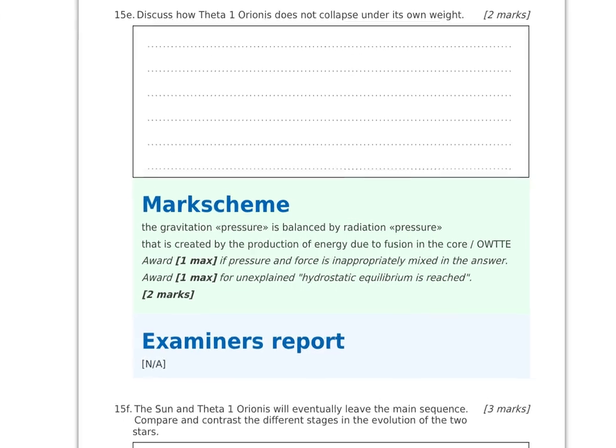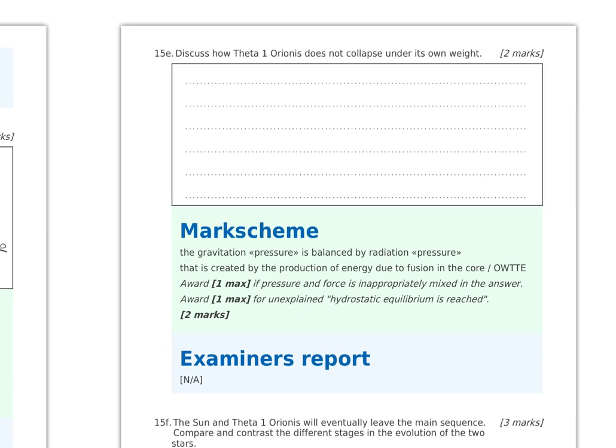15E, I think the mark scheme speaks for itself. One, radiation pressure pushes against the gravitational pressure, and then that radiation pressure is due to the fusion in the core. That's the second point. I feel like if you just said radiation pressure, that would have been sufficient, but I guess they do want you to mention the fusion.